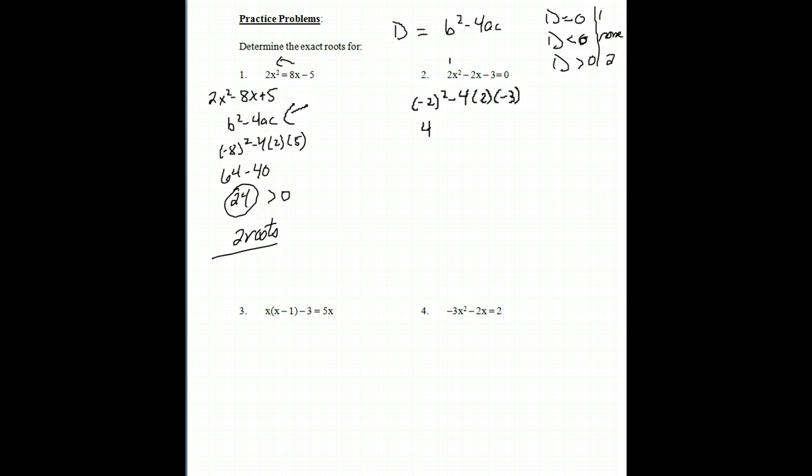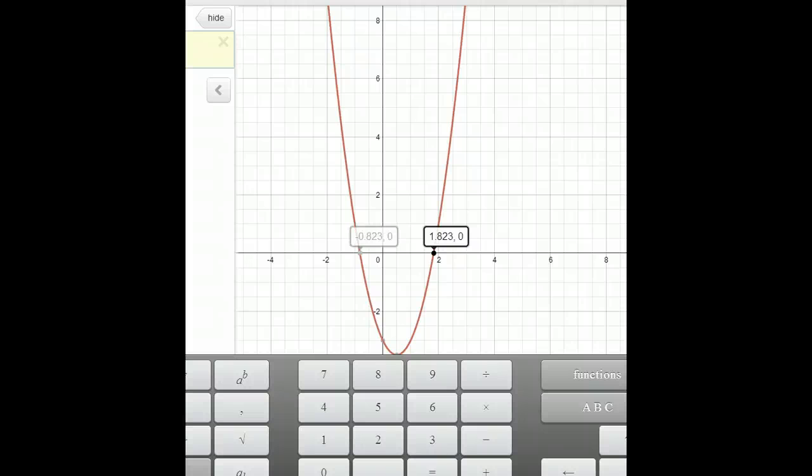Negative times a negative is positive. 4 times 2 is 8, 8 times 3 is 24, 28. So again, this is bigger than 0, and you should expect to have two roots. And graphing that equation, this is what we see here, and we get two roots.